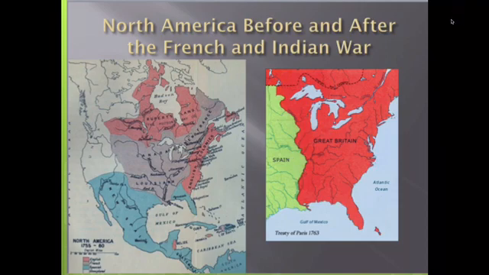France is going to be kicked out of North America for the time being. So you can see the 13 colonies gained quite a bit of land from this war, including right here where Indiana is. This is how Indiana becomes part of the 13 colonies, of British land, and then will eventually become part of the United States.